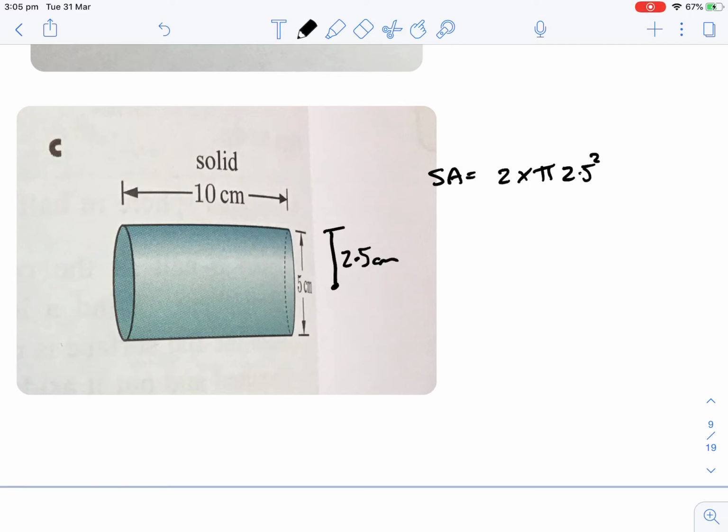That's the circles on either end, plus my wall, which is 2 times pi times my radius times the height, which in this case we've sort of tipped that shape over, but the length of that shape is 10. So again, I would pop that in, and that would give me an answer of 196.3 centimetres squared.